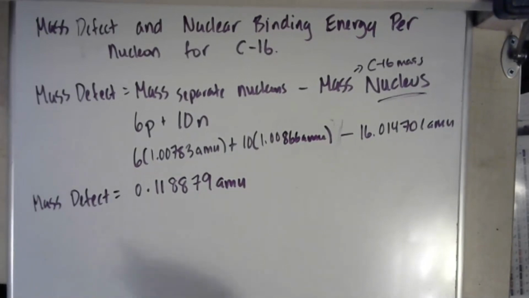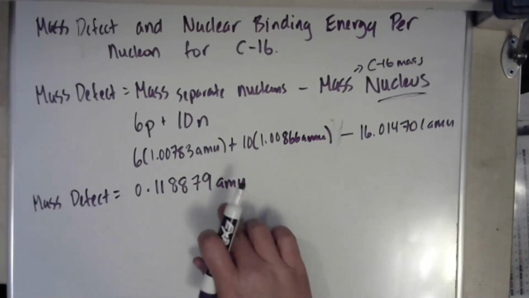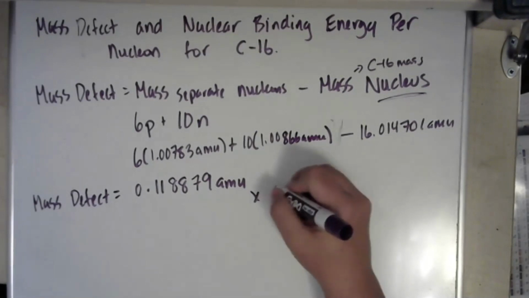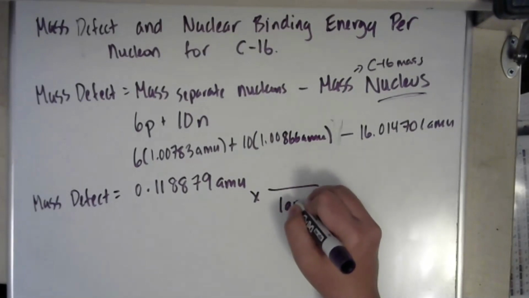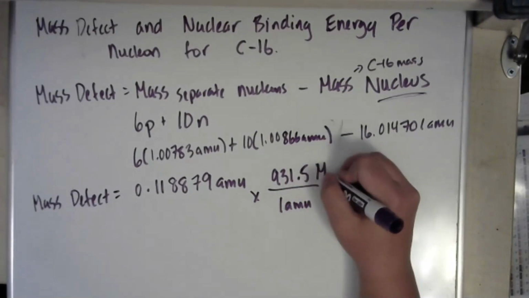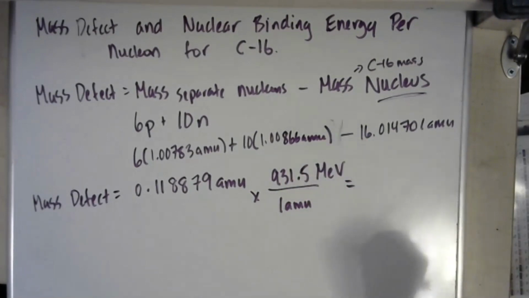Now to figure out the nuclear binding energy, we are just going to use our conversion between AMU and mega electron volts. Every 1 AMU is 931.5 MeV. Easy, right?